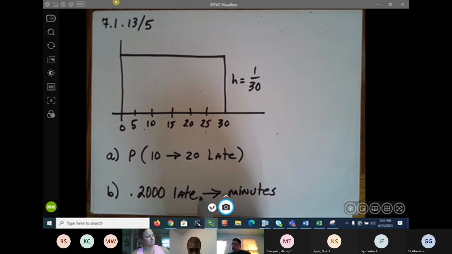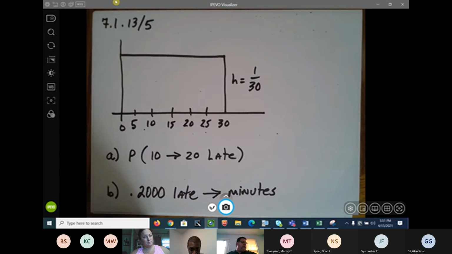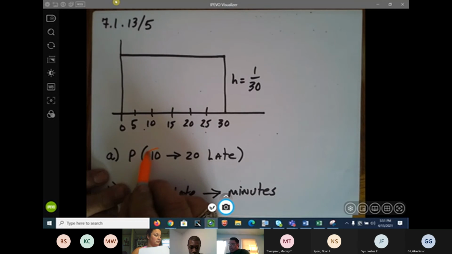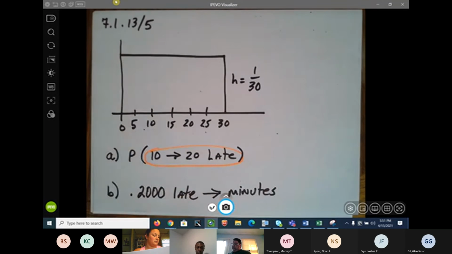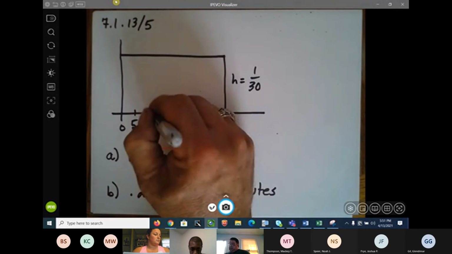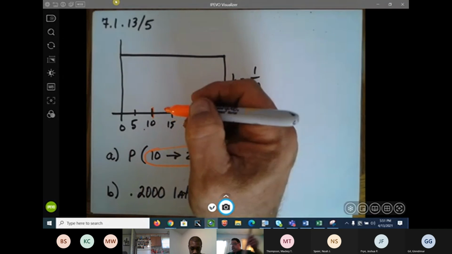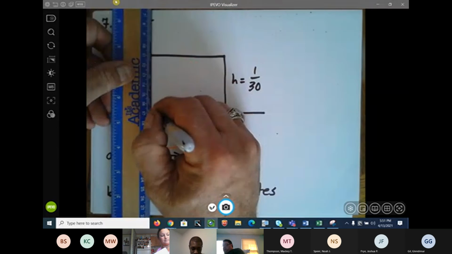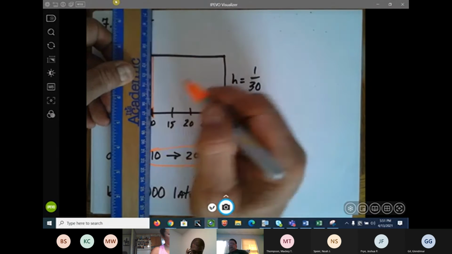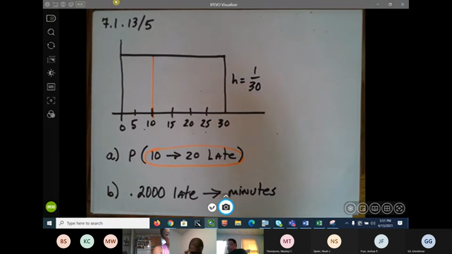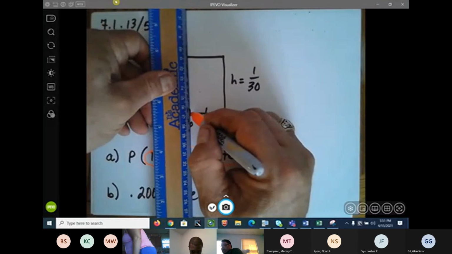Okay. So now I'm going to do A. I'm going to take my handy dandy highlighter and I'm going to use orange. And we're going to do 10 to 20 minutes late. So 10 is right here, and then 20 is right here.